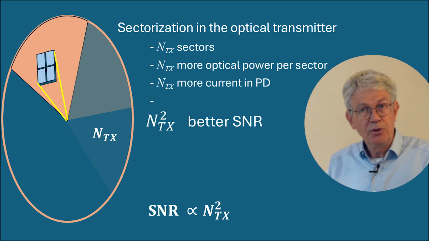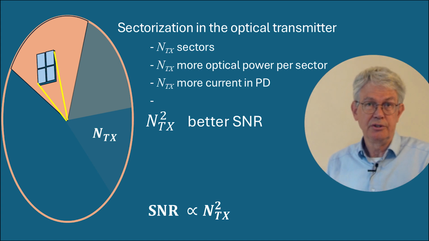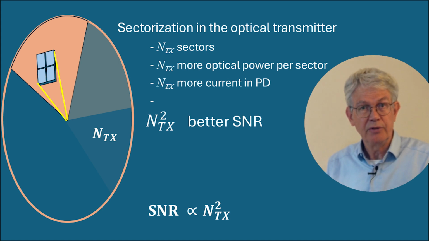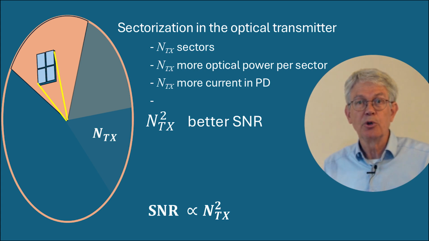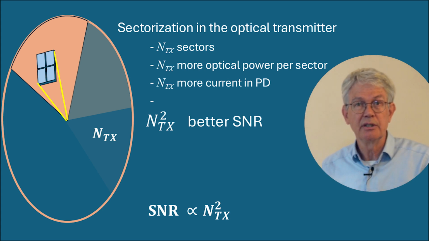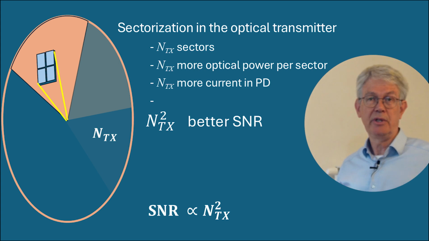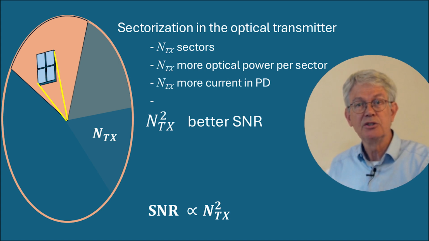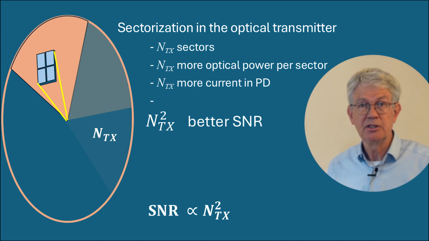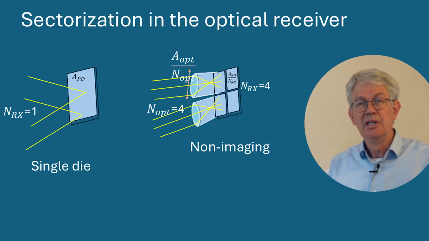That means in the photodiode that also the current goes up by a factor of n. But the signal-to-noise ratio is proportional to the square of the signal that I'm receiving. So my signal-to-noise ratio goes up by a factor of n squared if I do that sectorization at the transmitter. So at the transmitter it is highly beneficial to do sectorization.